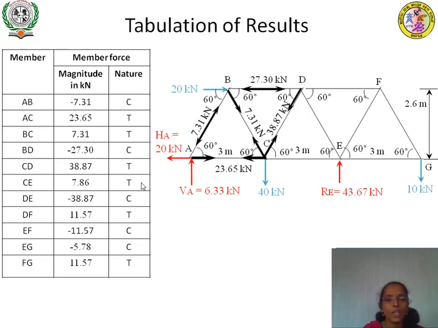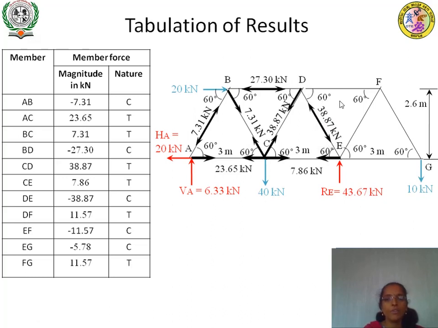CE tensile force of 7.86, arrow mark should be away from the joint like this, and the magnitude is 7.86 kilonewton. Next DE minus 38.87, minus means compressive, arrow mark should be towards the joint.